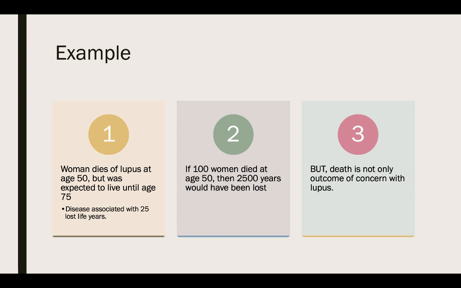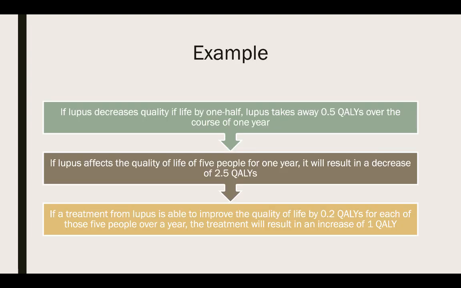If we expand that to a pool of 100 patients who all die at 50 and expected to live until 75, then we've got 2,500 years of life that have been lost. But the death is not the only outcome that we're really concerned with in this example. Yes, we have lost with these 100 women 2,500 life years, with one patient 25 life years.